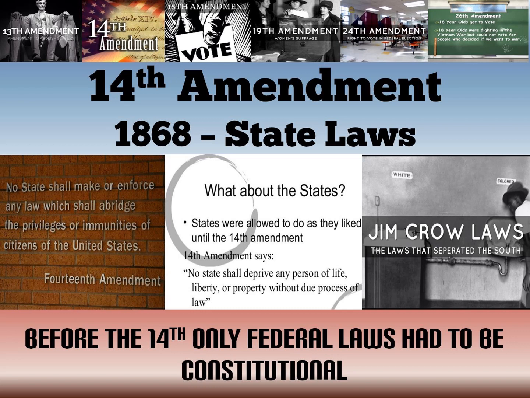Well, again, the 14th Amendment technically did not allow that, but this piece was not being enforced until later, but we'll get into how they started to enforce it later on. But very important part, you got to remember that state laws before the 14th Amendment were pretty much designed to discriminate against African Americans.